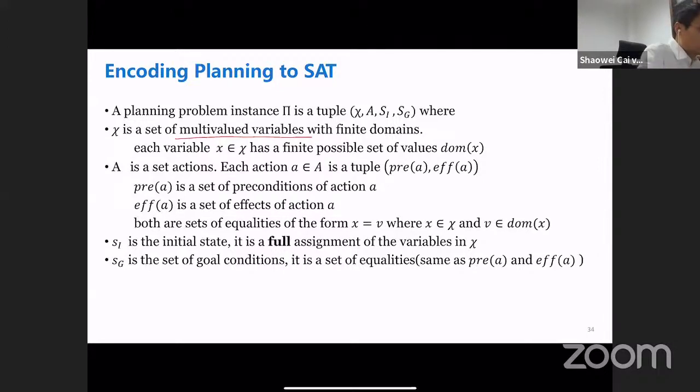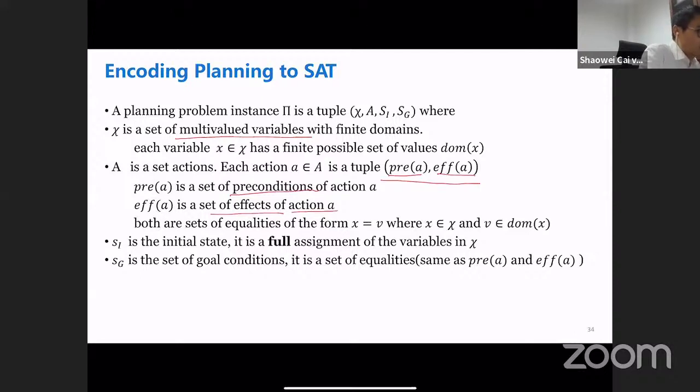And then we have an action set. An action is a pair of the preconditions of the action and the effect of the action. The preconditions describe the conditions for the action to be allowed to perform, and the effect of an action describes the effects after the action is taken.